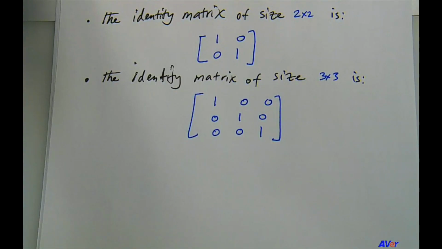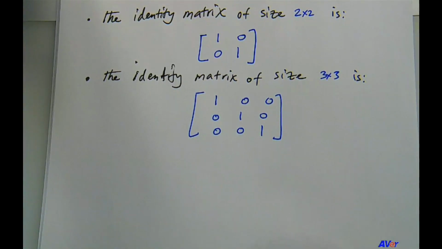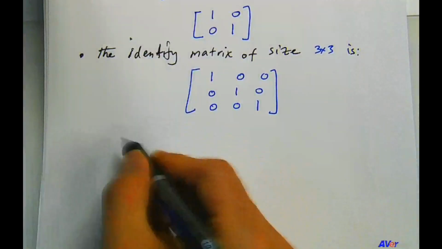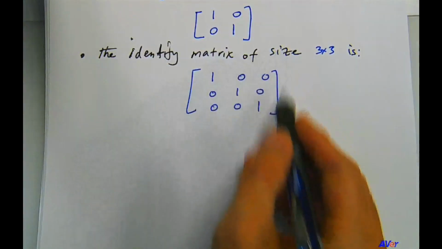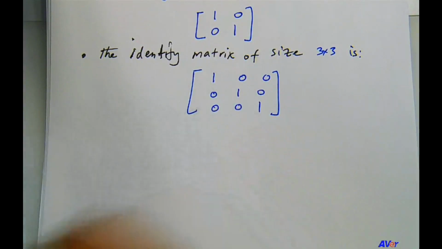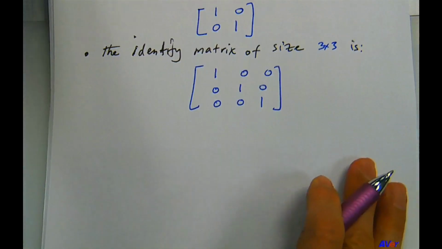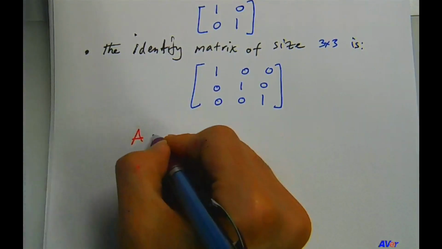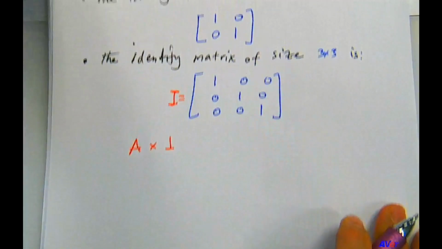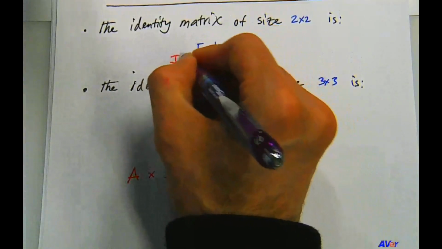So before we show that, basically what we're saying is, A times the, let me call this identity matrix, I for identity matrix.